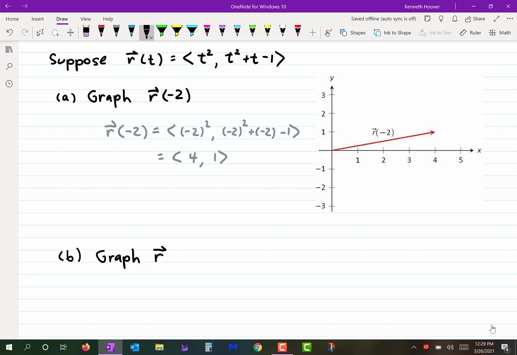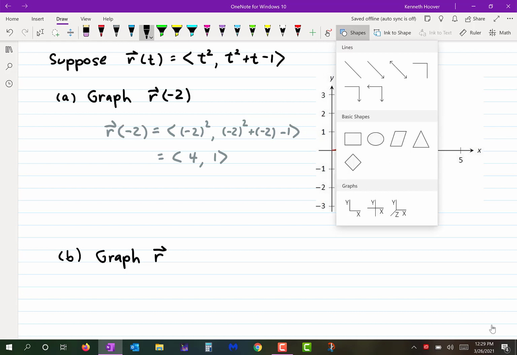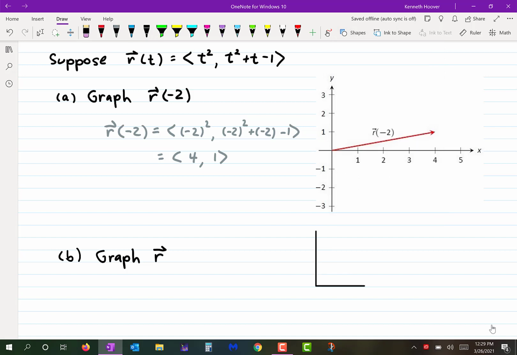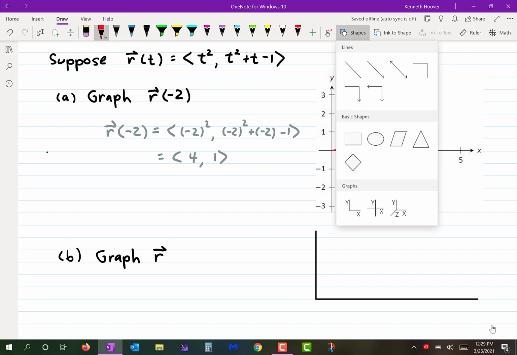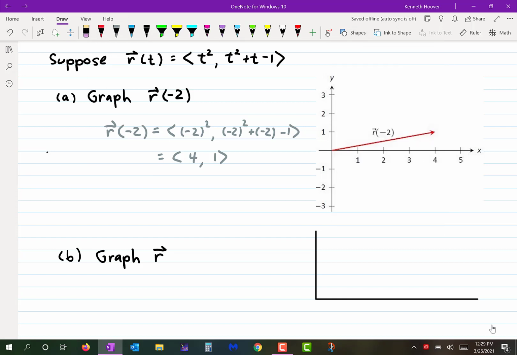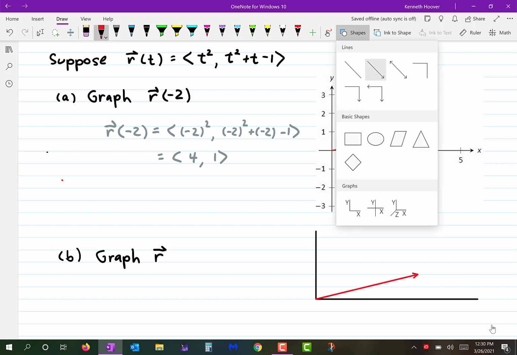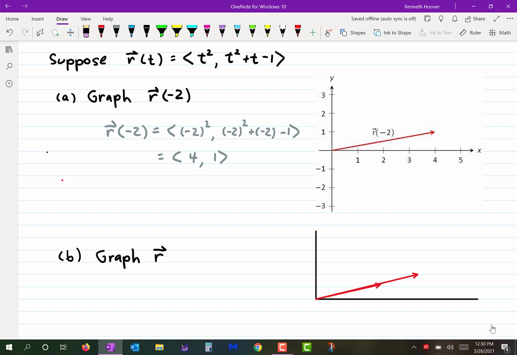There's a problem that we would run into, which is this. If we drew all the vectors, here's what we would end up with. Here's what r of negative 2 looks like. That's fine, but there's a bunch of other vectors as well.